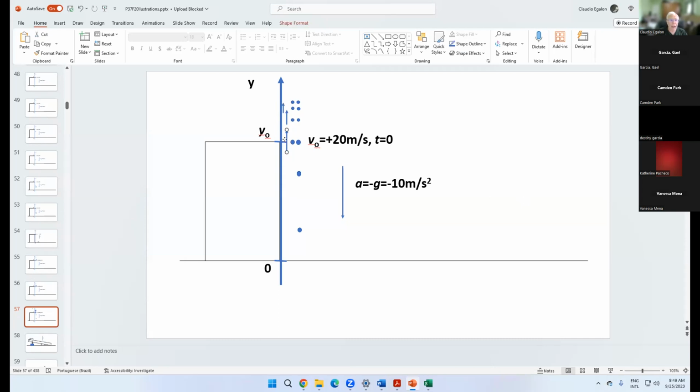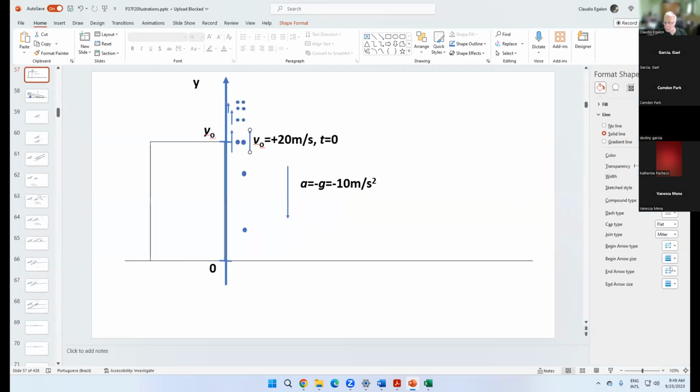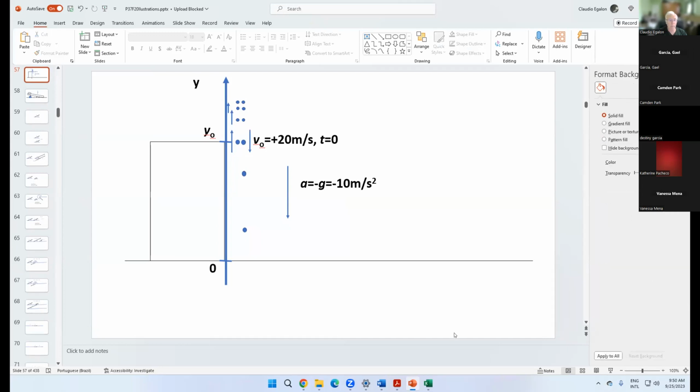And then on the way down, now those are the concepts where I'm starting to use the concepts of vectors here. So you can get familiar with that right now.